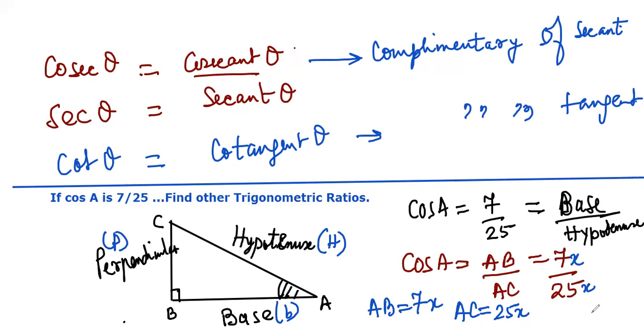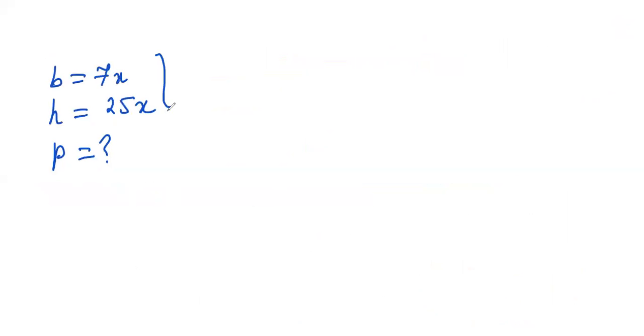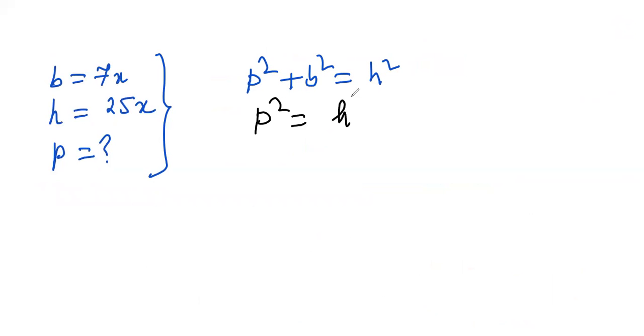Comparing the sides, the base over here is AB, and the hypotenuse over here is AC. So using the Pythagoras theorem, I can write perpendicular square plus base square equals hypotenuse square. I have told you today. So what can I write? Perpendicular square equals hypotenuse square minus base square.